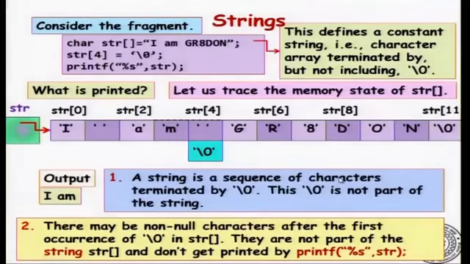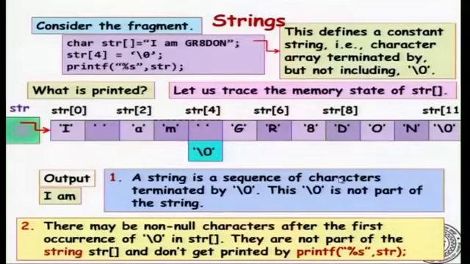They are part of the character array, but when you look at str as a string, it is just till the first null character. So, when you print it using %s, only the part until the first null is printed. The character array is bigger, so it will just print "I am" and stop there.